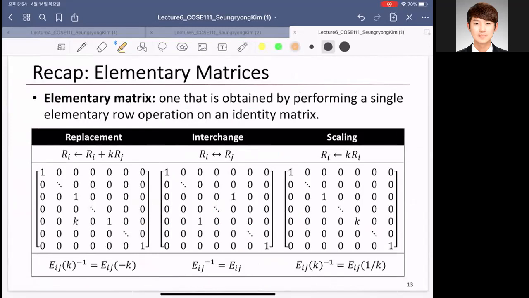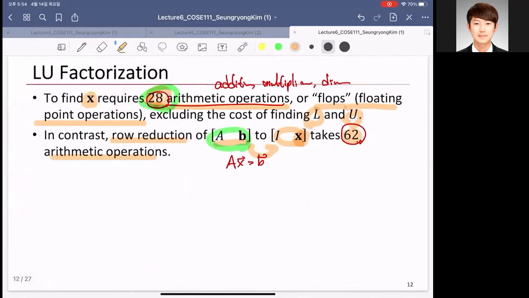Okay, the question is about decomposing L and U requiring operations. Yeah, exactly. So it's not fair to directly compare 28 and 62. But even though we consider the complexity to decompose L and U, this kind of way is much more efficient.